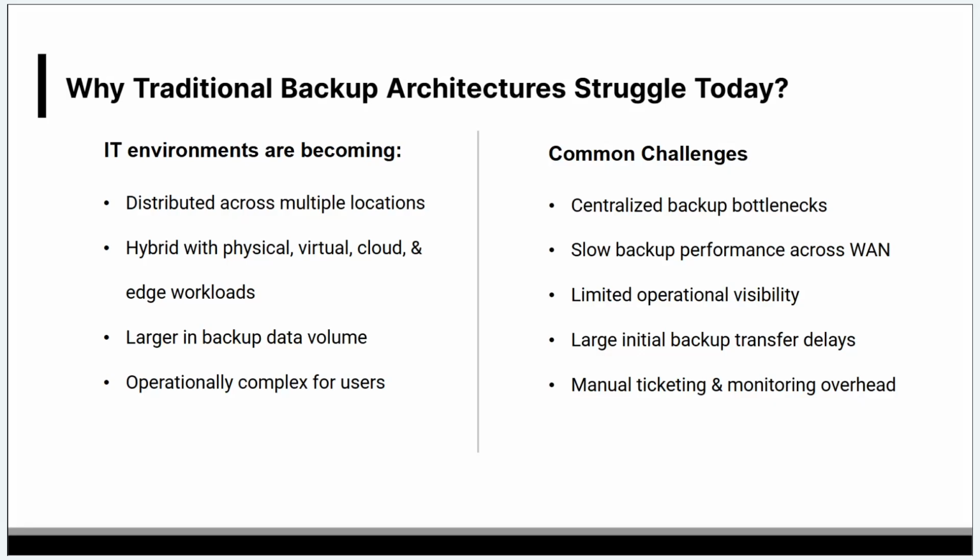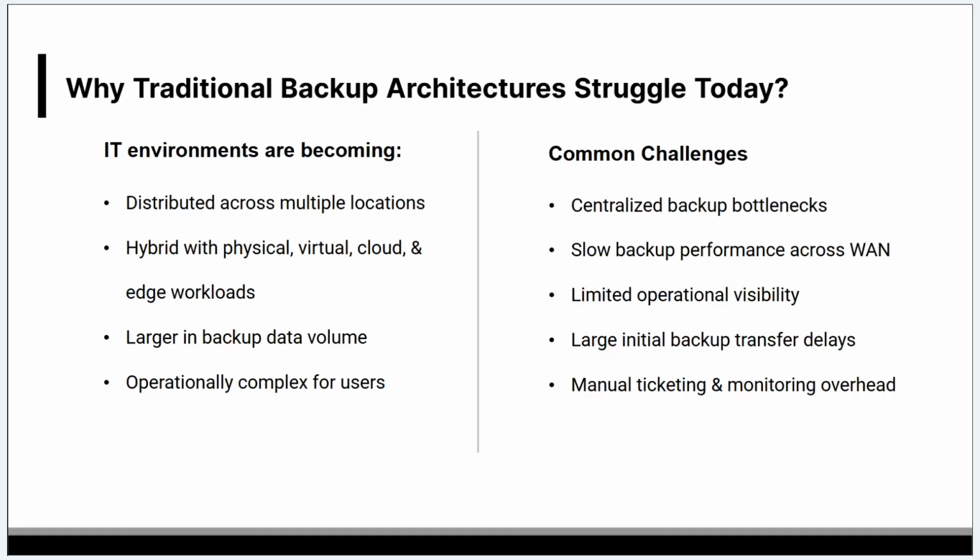So what are the challenges that we are facing because of this distributed, hybrid, and larger backup data volume? The major challenges are centralized backup bottlenecks that aren't working properly. If you have one central server and back up everything to that central server, that server is not going to keep up its performance.